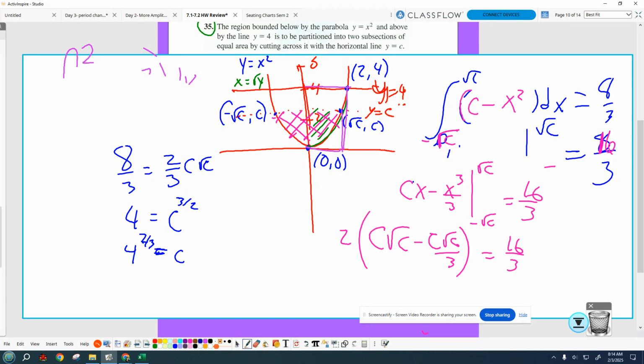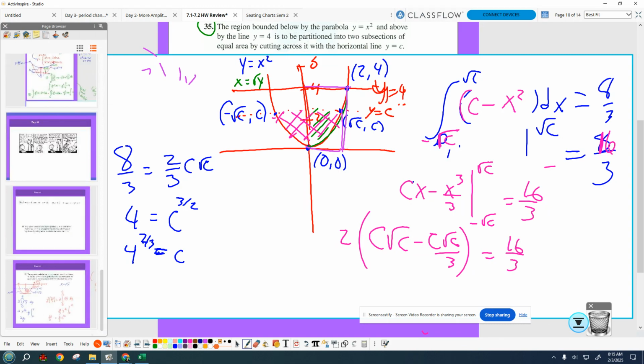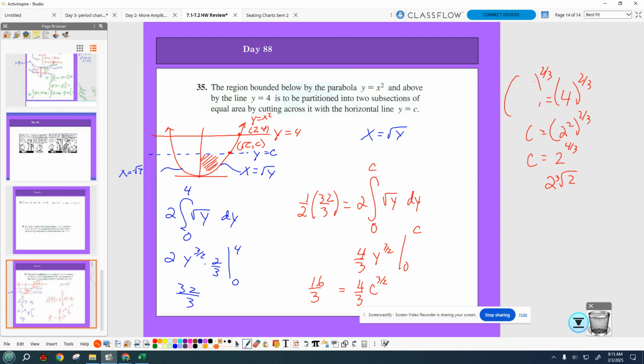Okay, with respect to x and with respect to y, it's a matter of looking at it and seeing which thing works better. Definitely this one, going with respect to y is so much easier.